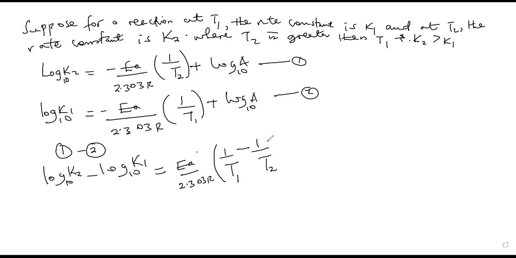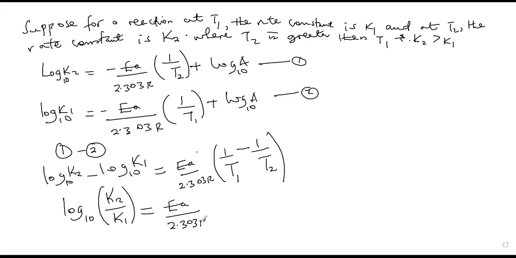So this expression, we shall be using it to determine some of the stuff. Here you can see that since you're subtracting logarithms of the same base, you can put them together and say log K2 over K1 is equal to EA over 2.303 R. Here the LCM is T1 T2, so the whole thing will be T2 minus T1 out of T1 T2.